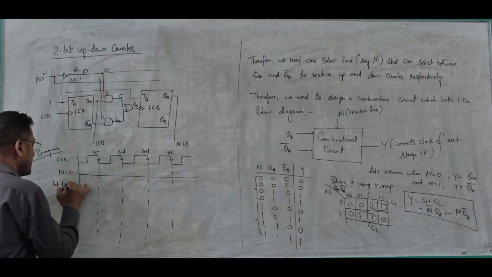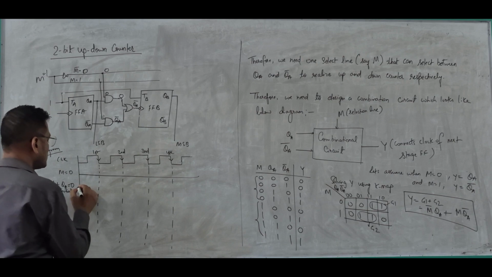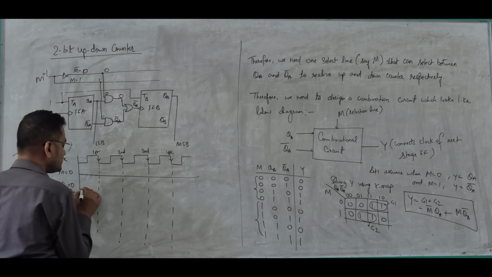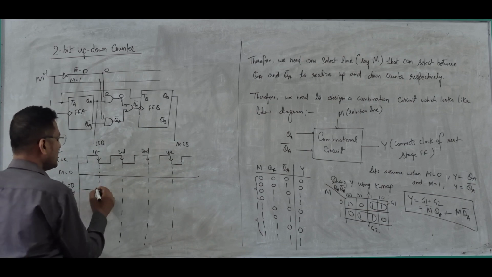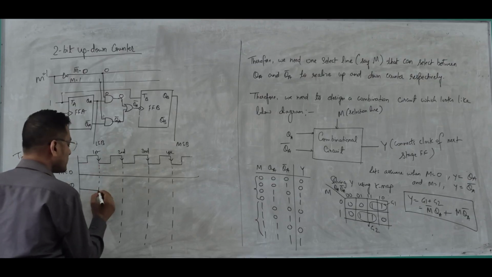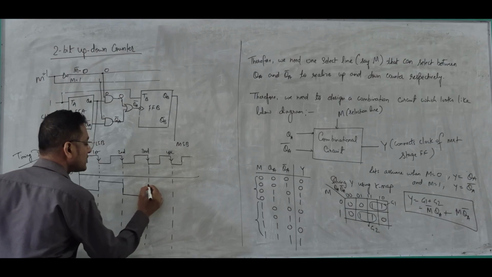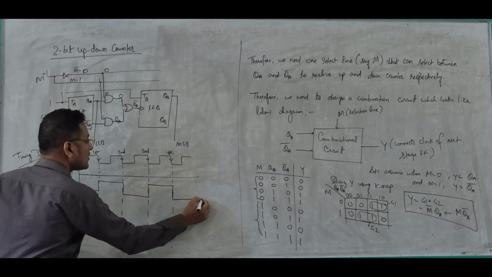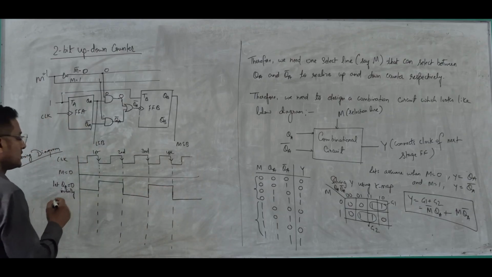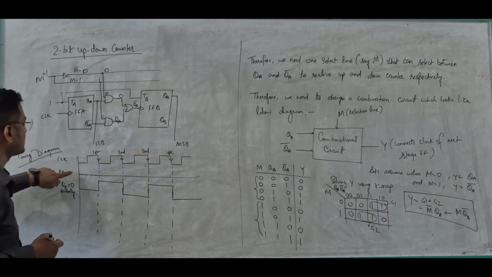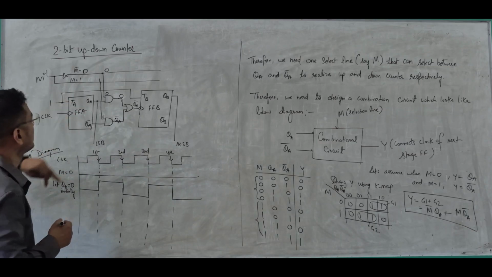So what will be QA? Let QA be equal to 0. Then it toggles also, right? Then since M is 0, what will be fed?